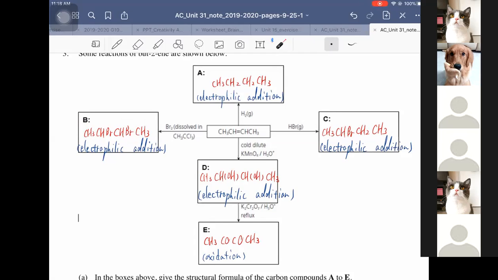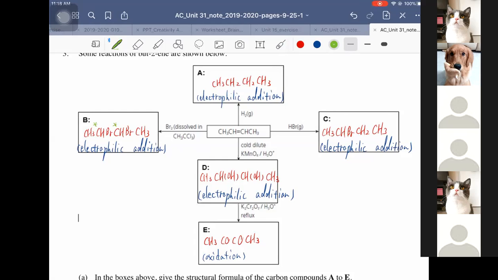So it has 4 different groups of atoms attached to this carbon. So that can be a chiral carbon. Remember we use a star to represent the chiral carbon. So again, for this one, that's a chiral carbon as well. So B can be a chiral molecule.